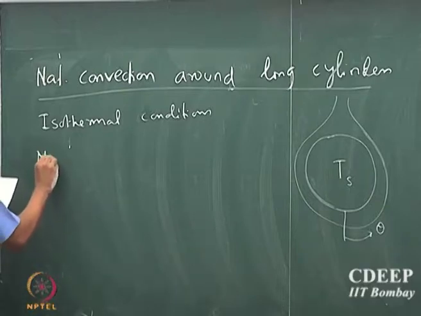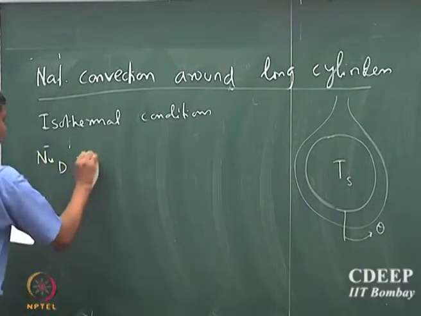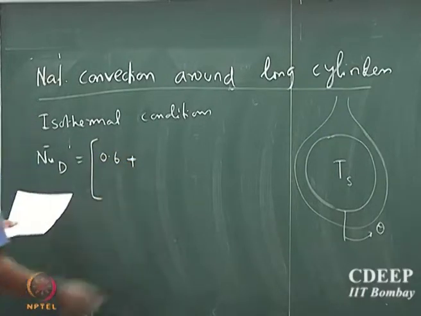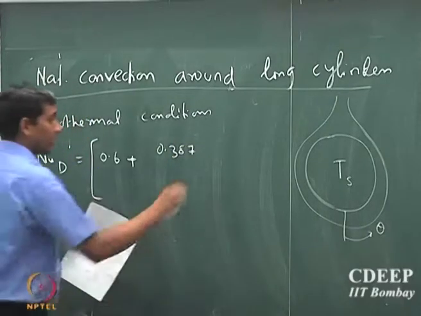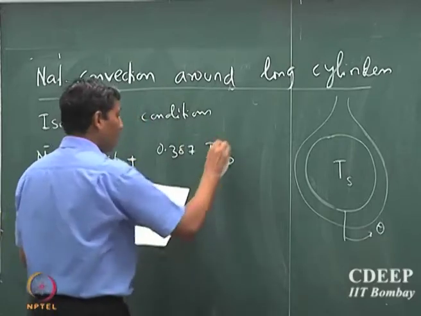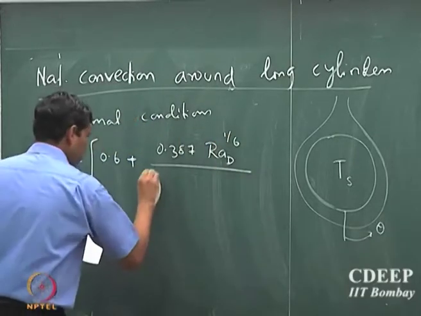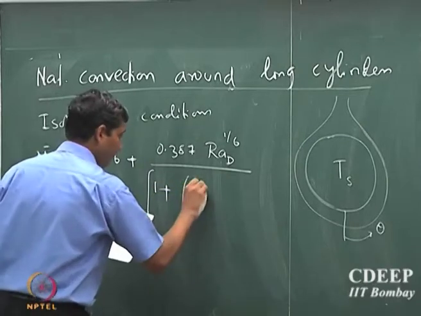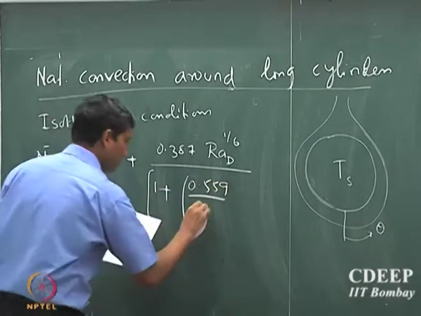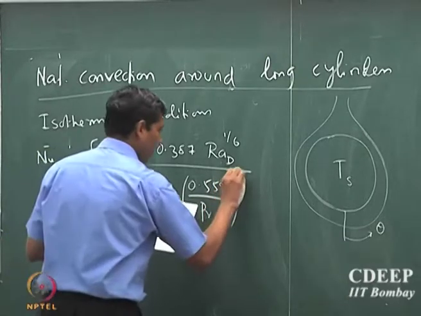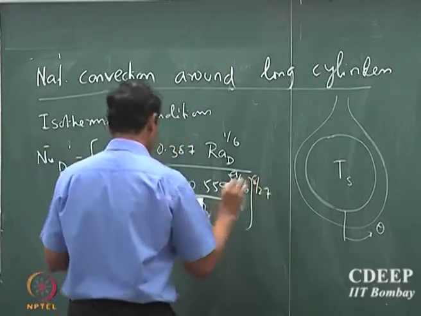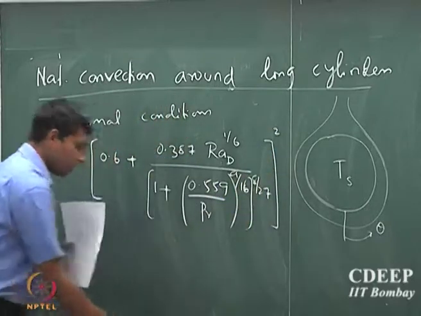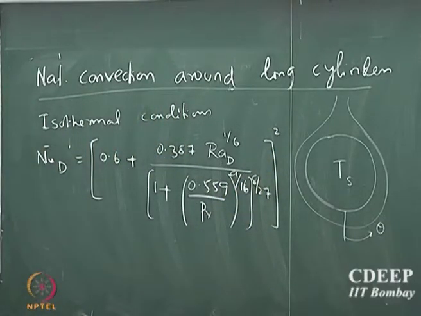Then the Nusselt number based on the diameter is given by 0.6 plus 0.387 times the Rayleigh number to the power of 1 by 6, divided by 1 plus 0.559 divided by the Prandtl number to the power of 9 by 16, all to the power of 8 by 27, and the square of it. This is an empirical correlation, remember that. All these funny numbers immediately tell you that it's some sort of correlation. It's not completely analytical.